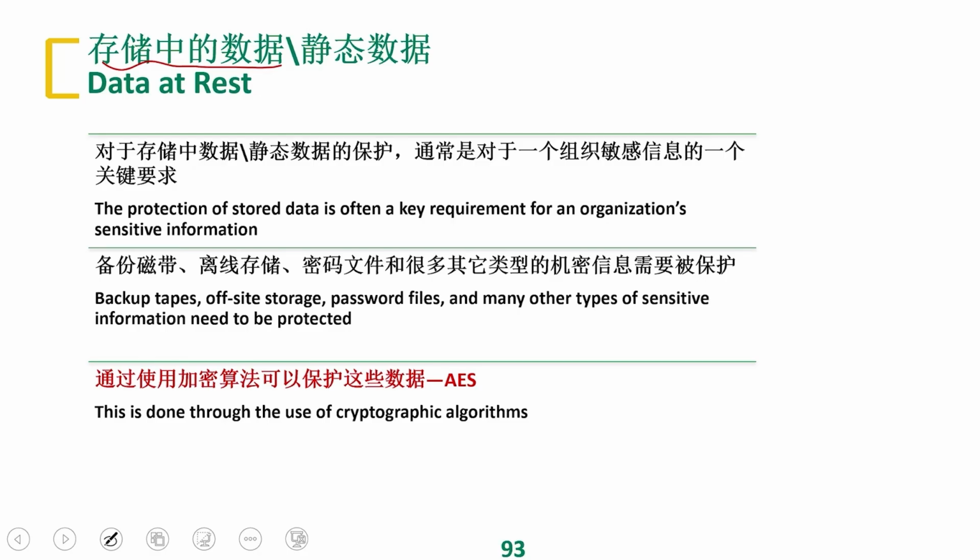Data in storage in our entire security architecture is also called static data because the data in storage has already formed files. These data are basically encrypted with the AES encryption algorithm, which is symmetric encryption. What is AES? It's called Advanced Encryption Standard.